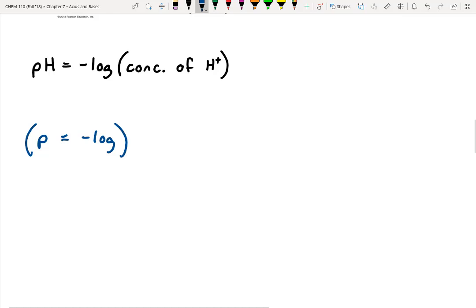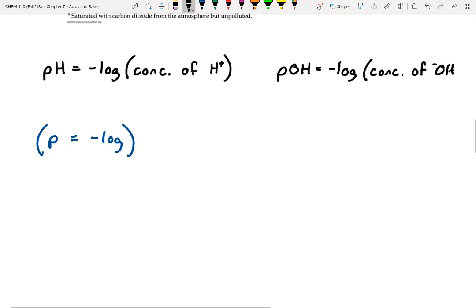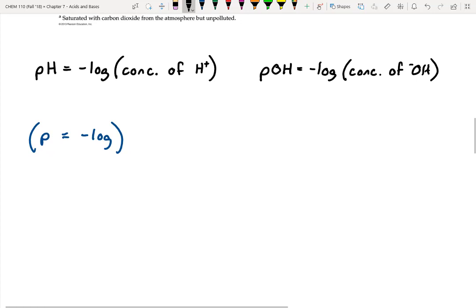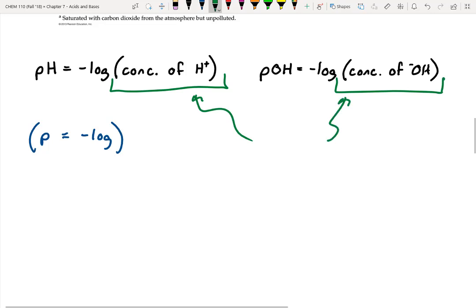All right? We can also do this with pOH, where we find the negative log of the concentration of hydroxide in solution. And if we look at the concentration units for both of these, how do chemists measure concentration? Molarity, right?